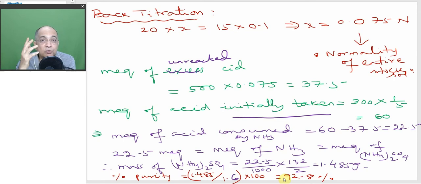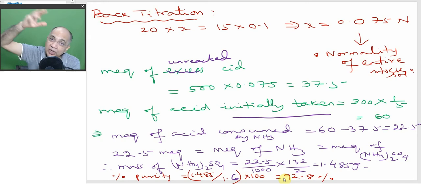I hope you must have developed some interest to solve these kinds of problems. This was a very simple one. When the dilution was done, maybe it would have been still simpler had we back titrated, had we taken a known volume of NaOH while ammonia was formed.